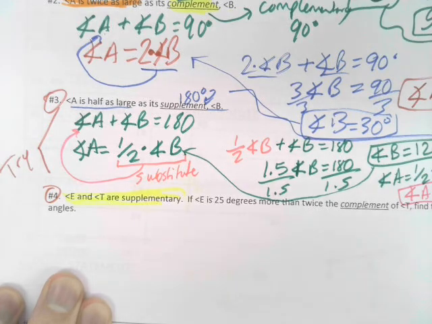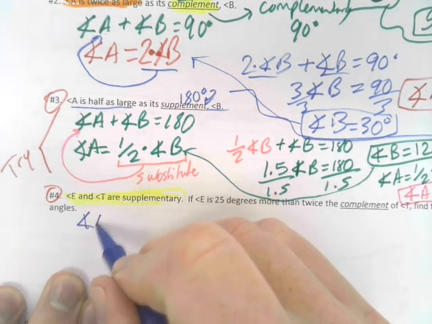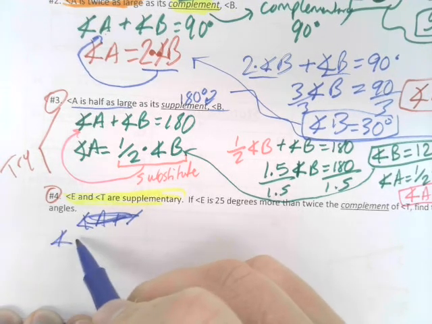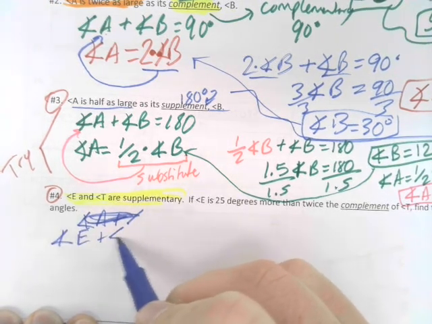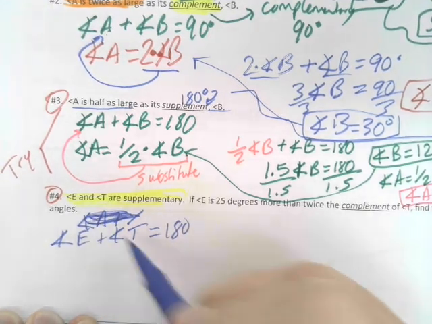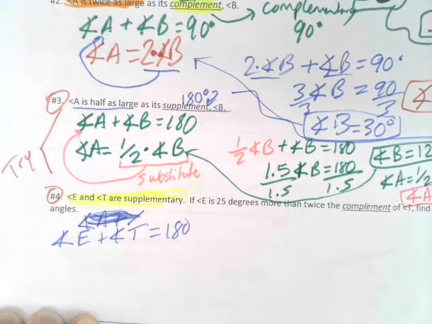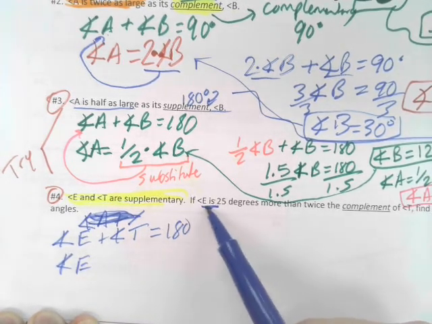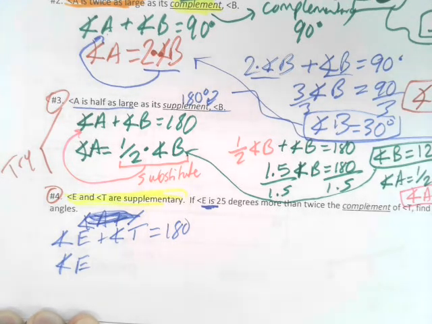So we know angle E plus angle T equals 180. That part's very straightforward. Here's the tricky part, though. Angle E is, now here's where it gets kind of weird.